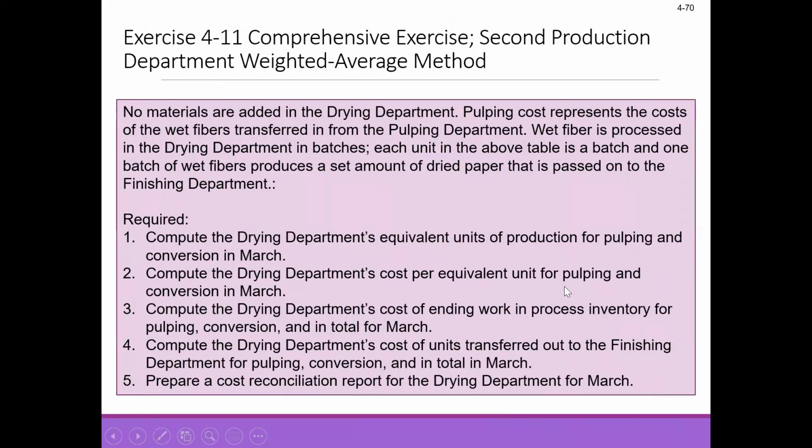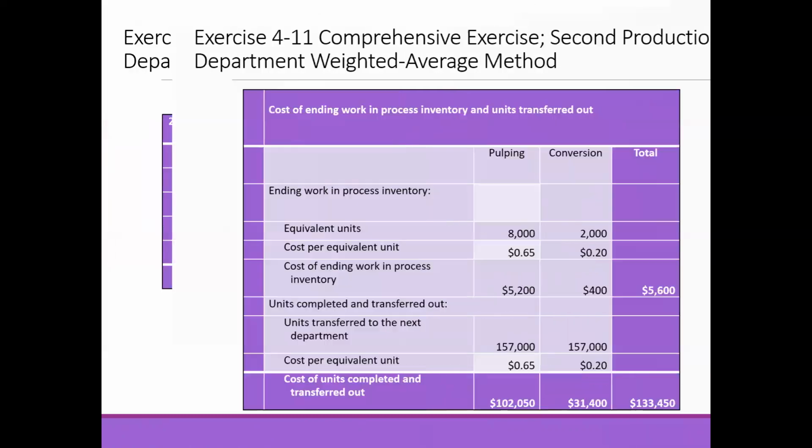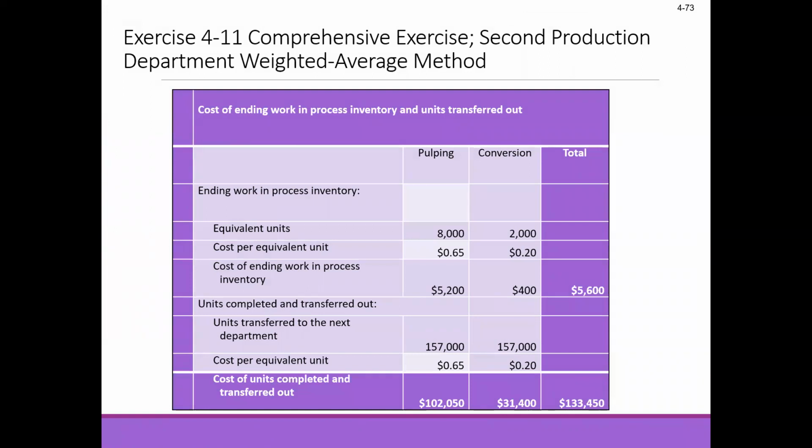Next, compute the drying department's cost of ending work in process for pulping, conversion, and in total for March. So we've got equivalent units: pulping is 8,000, conversion is 2,000.